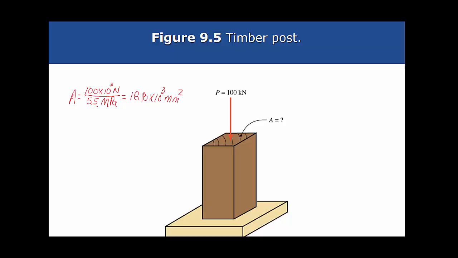Well, no, that's not meters squared, so that would have to be millimeters, I guess, because we're looking for the area. But that should have come out as meters, shouldn't it? You converted. Yeah.